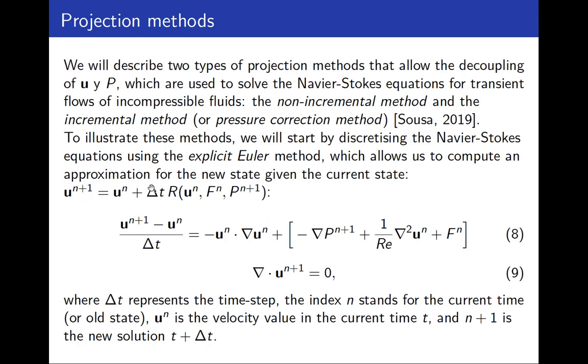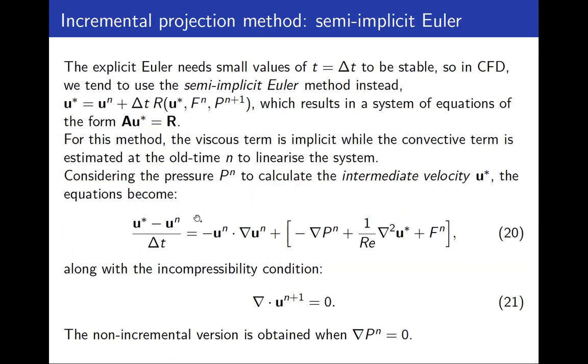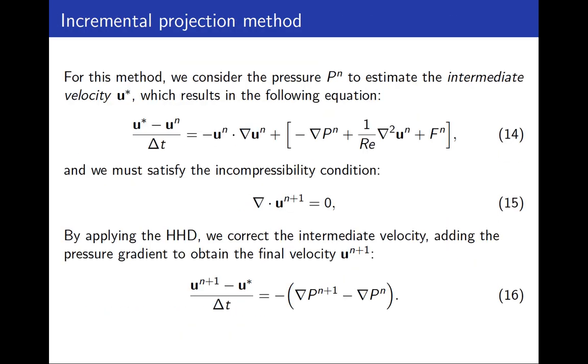That's why I wrote this equation. But in the semi-implicit Euler method, there are also going to be terms that will depend on the new state. So we cannot use an algebraic equation to evaluate the velocity compared to equation 14.